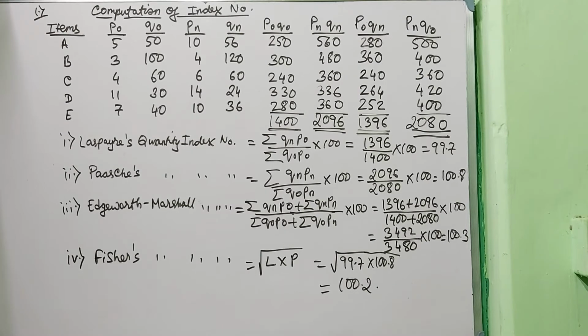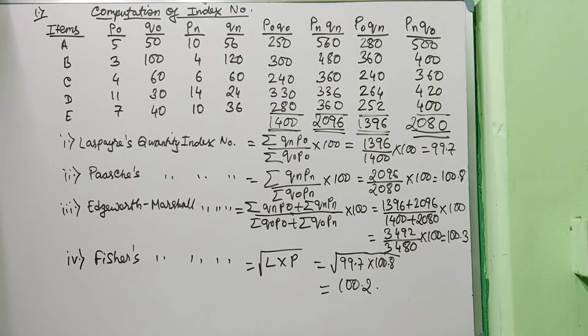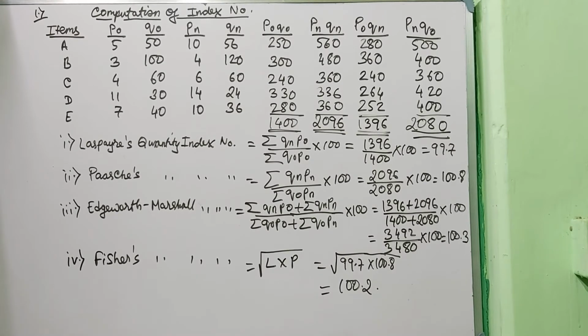What is time reversal test? An index number of a particular formula is said to satisfy this test if it works in both ways, which means if it works forward as well as backward.